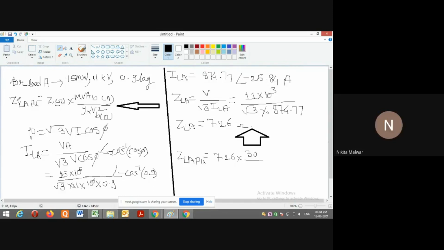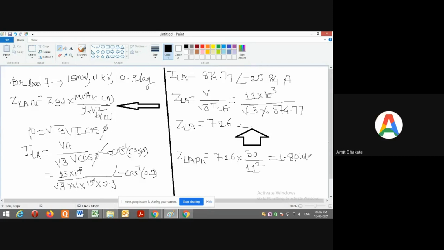Your load A exists in section 1, so we consider the section 1 value for KV base 1, which is 11 kV. So 11 square. What is the value for load impedance in per unit? 1.8, ma'am. Good, 1.8 per unit, not in ohm.